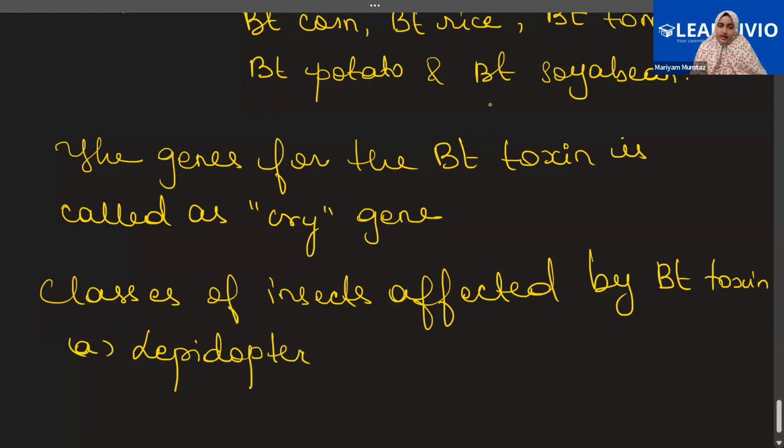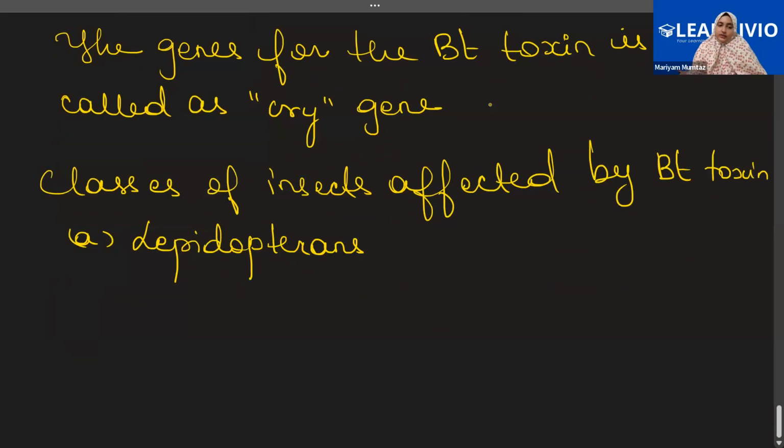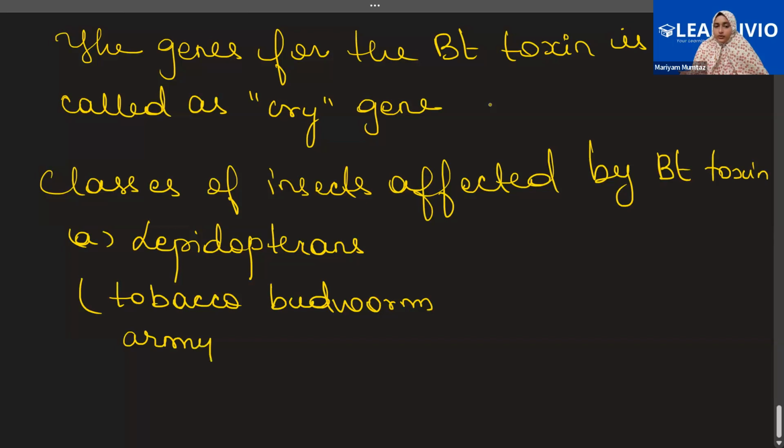The Lepidopterans include organisms such as tobacco budworm, which is an insect. There is another called armyworm. They come under the Lepidopterans.